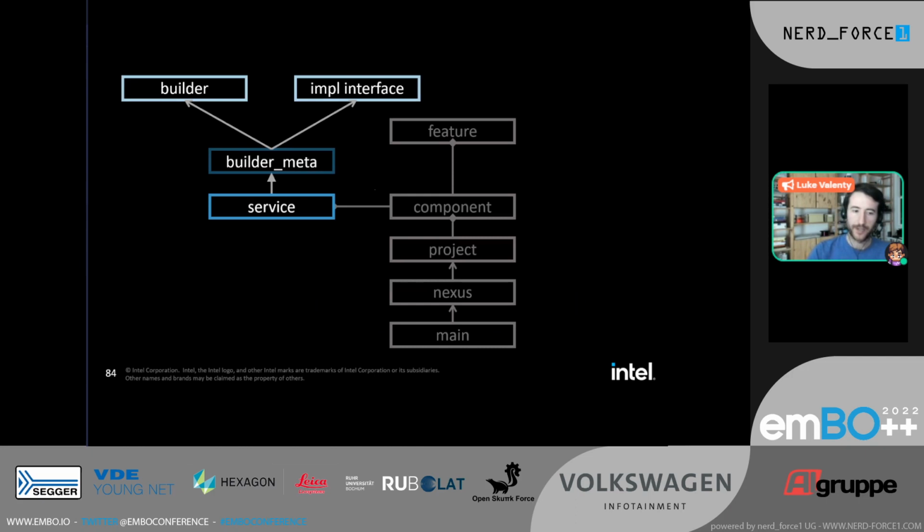On the other side are the services. And we have a bunch of new parts here to implement our services that might seem a little bit complicated. But let's go through them one by one and explain what they are.